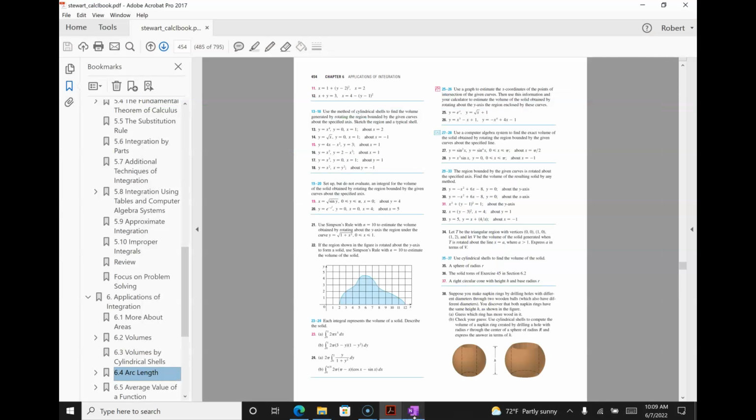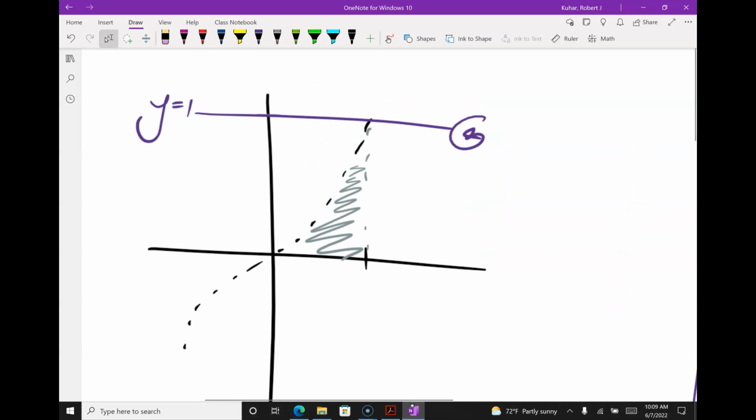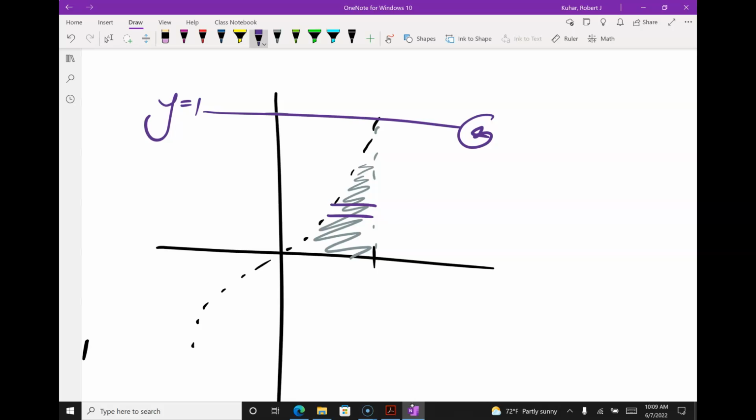But the key is my rectangle's got to be parallel to the axis of revolution. And this piece is now my radius. Yes, you with me?